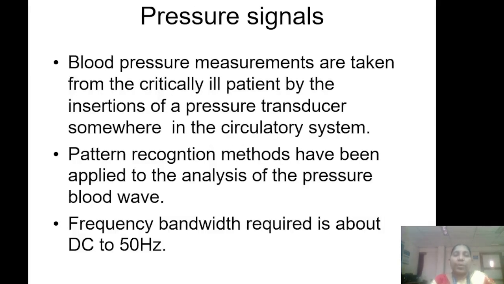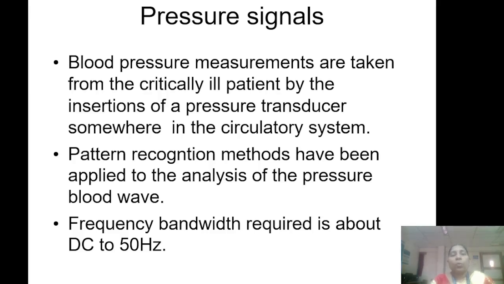So, the first one is the blood pressure signal. In the last topic, bioacoustic signal, we also studied about blood pressure measurement. That is an indirect method of measuring blood pressure.